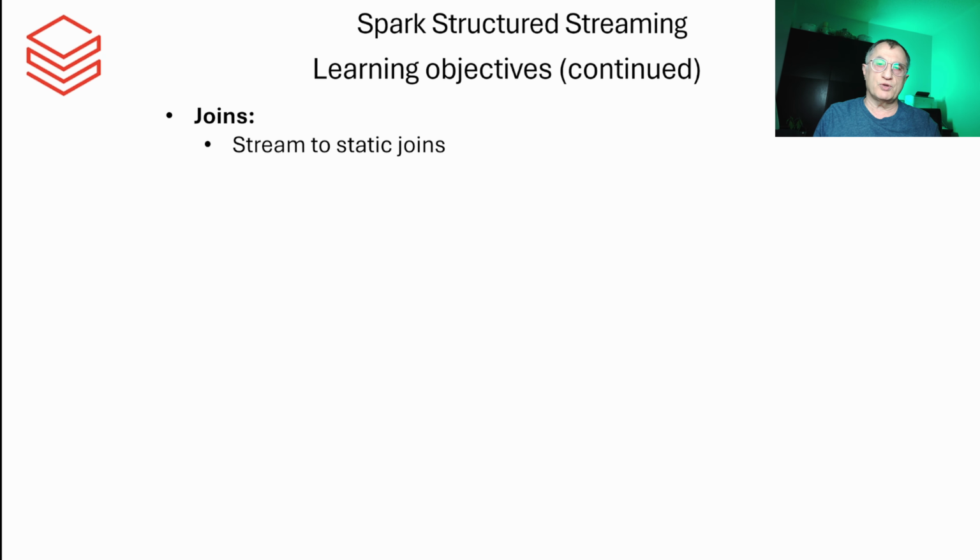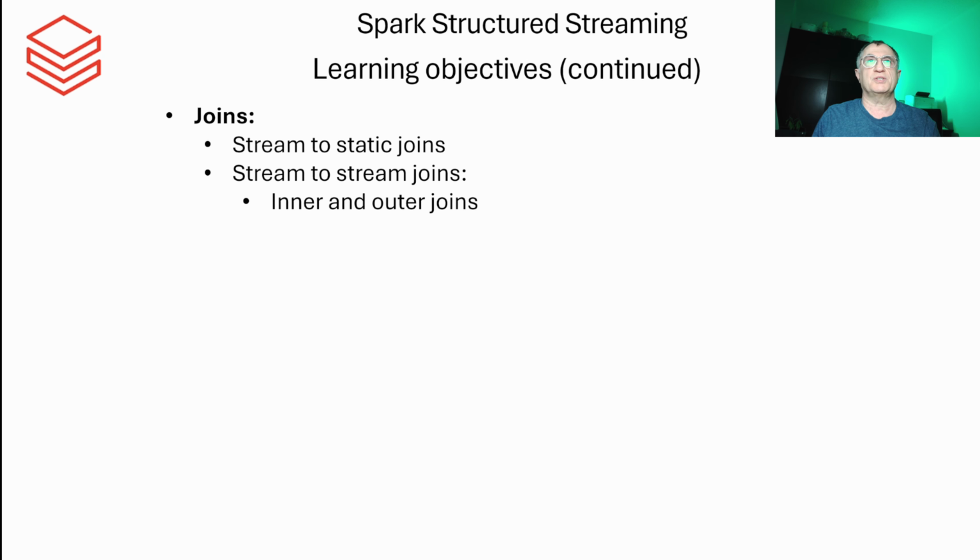There are different types of joins, and their configuration will differ depending on the types. So we will start with a relatively simple join type, which is stream to static joins. And then we'll move on to more complex join types, which is stream to stream joins, which requires quite a few considerations.